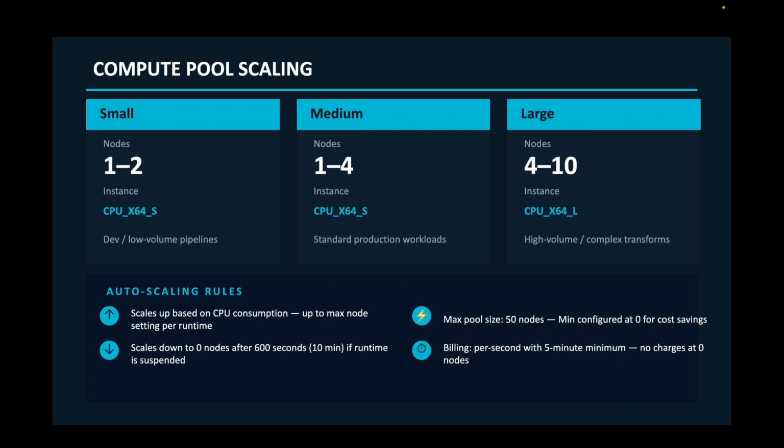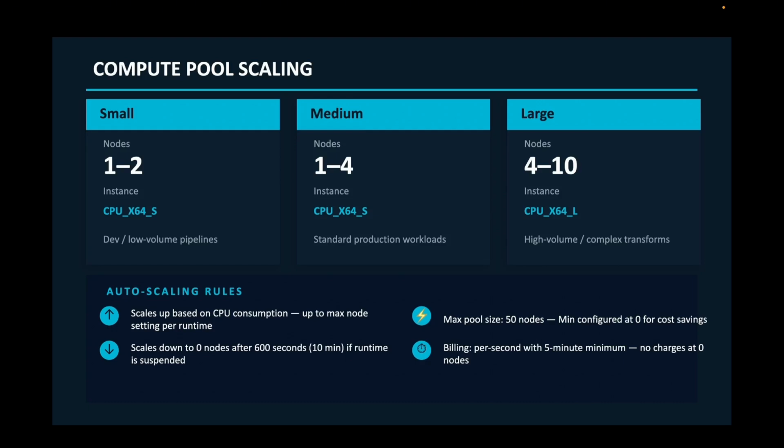Compute pool scaling. So we discussed in the previous slide, if it is a small runtime, it can start with 1, but you can scale up to 2. So if you go to 3, the cost will change, which means it can go to a new node, right?